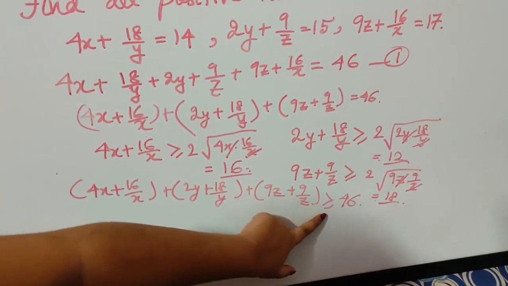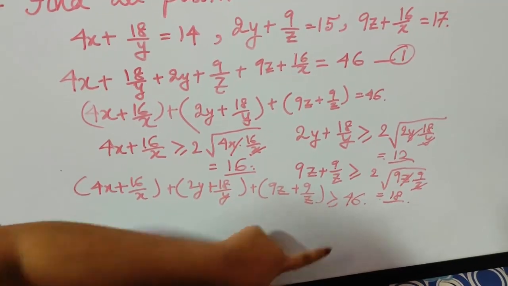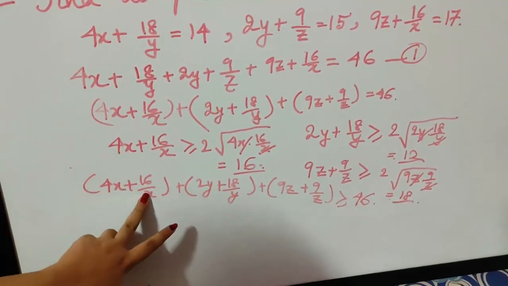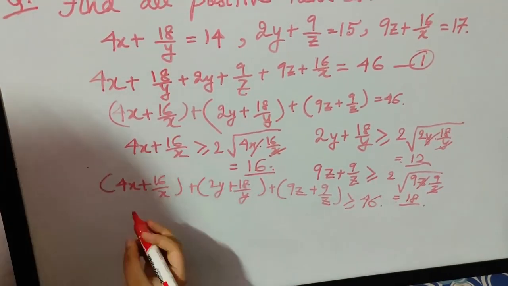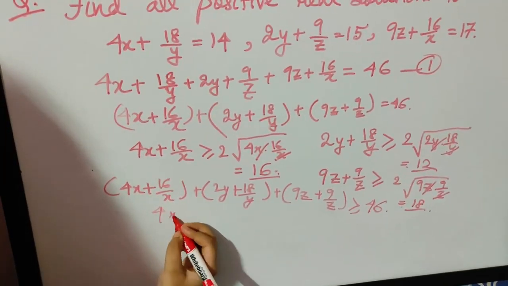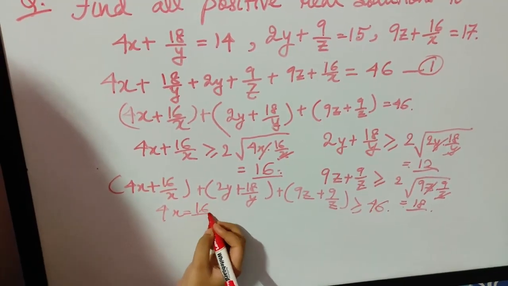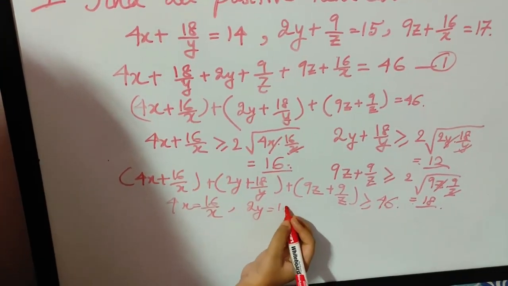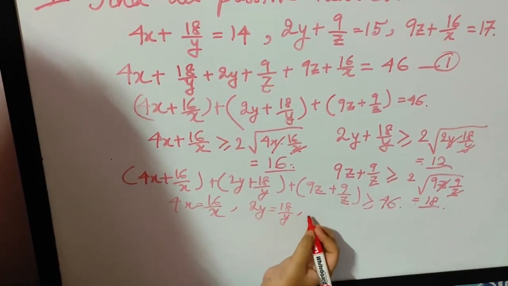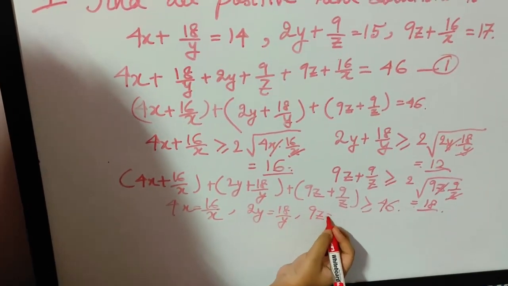So for equality to prevail, these individual terms should be equal. This means 4x should be equal to 16 by x, 2y should be equal to 18 by y, and 9z should be equal to 9 by z.